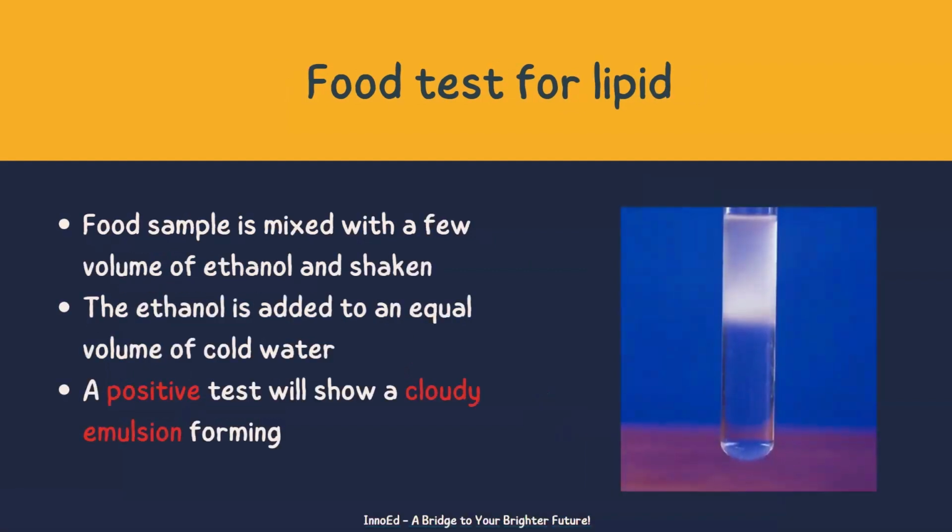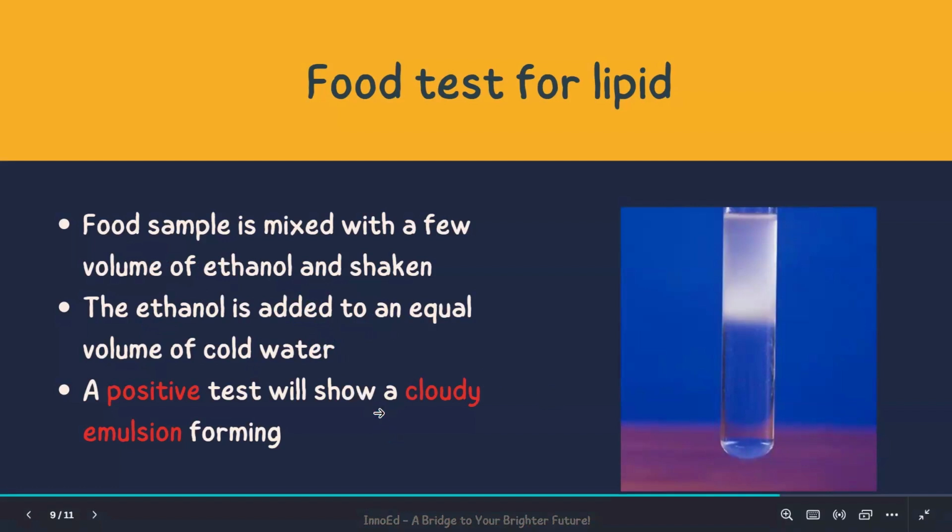So let's see the food test for lipid. You mix a small volume of ethanol with the food sample and shake it. After that, you add an equal volume of cold water and shake it again.